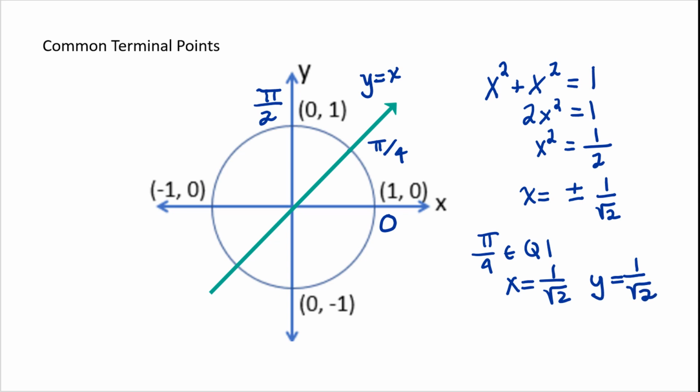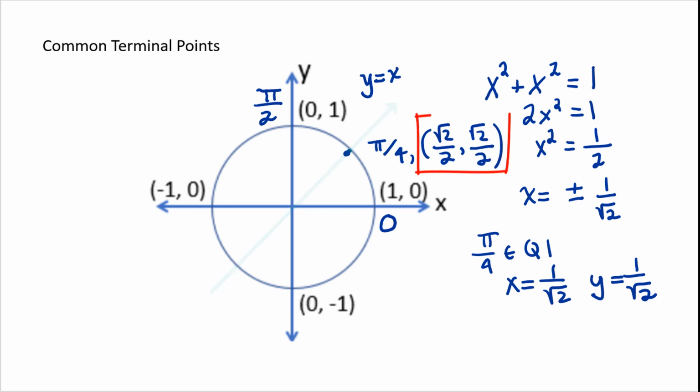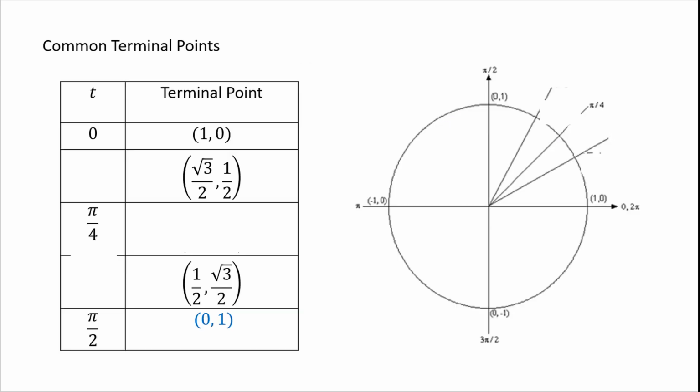Rationalizing the denominator, the terminal point determined by t equals pi over 4 is the ordered pair (square root of 2 over 2, square root of 2 over 2). So we'll write that for pi over 4, and mark it on the unit circle as well.